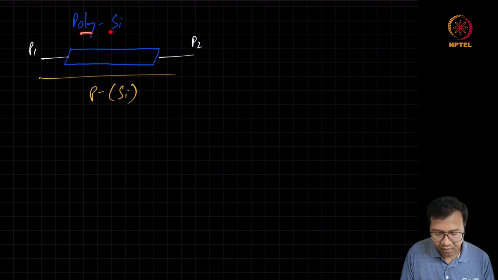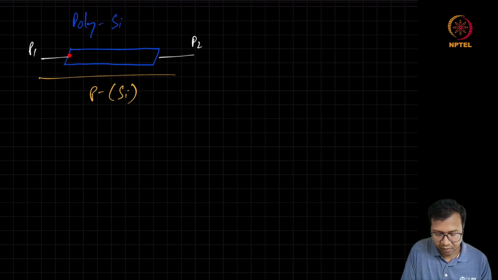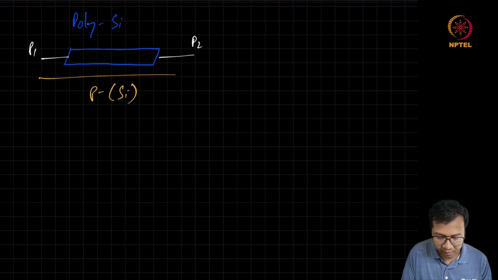The sheet resistance of this polysilicon material depends on whether an extra silicide process has been applied on this polysilicon.